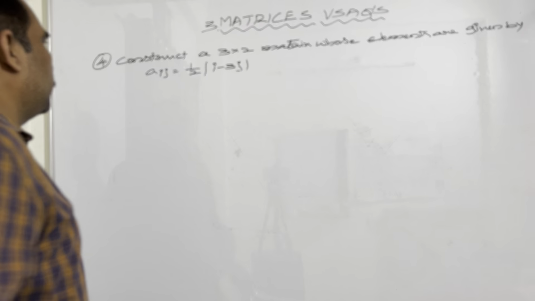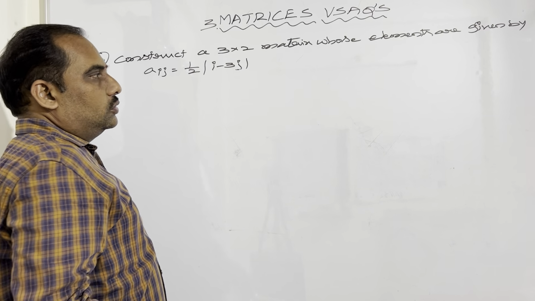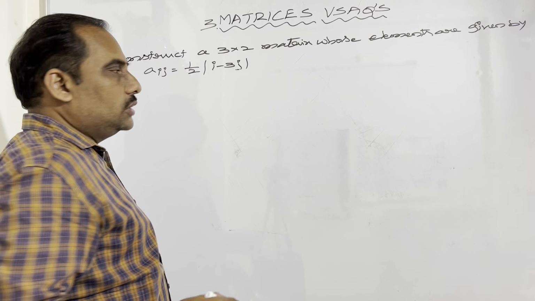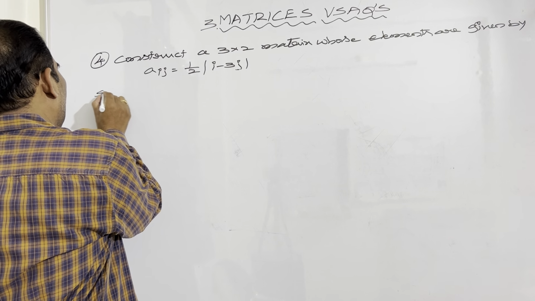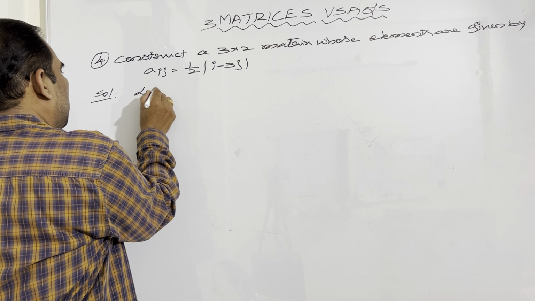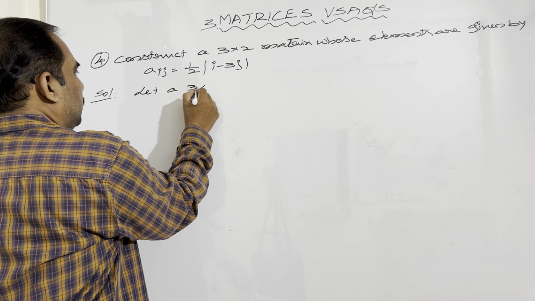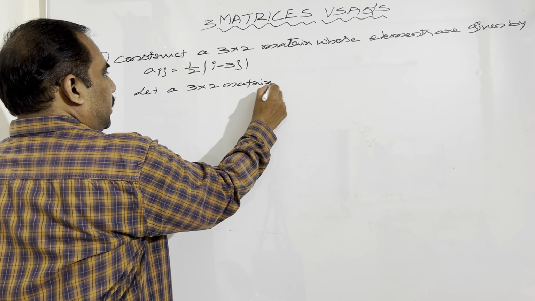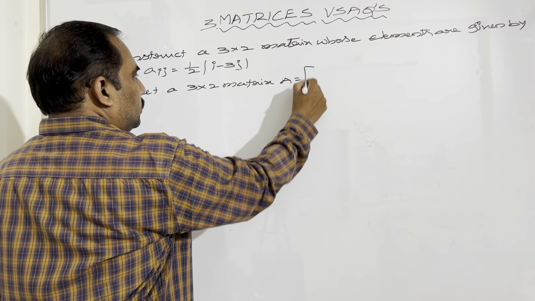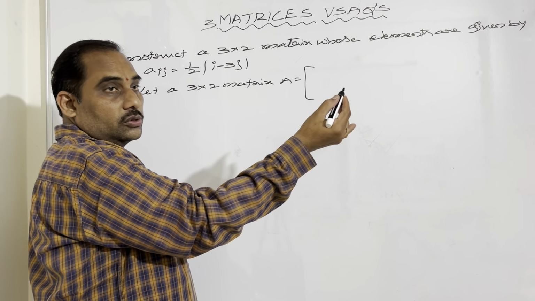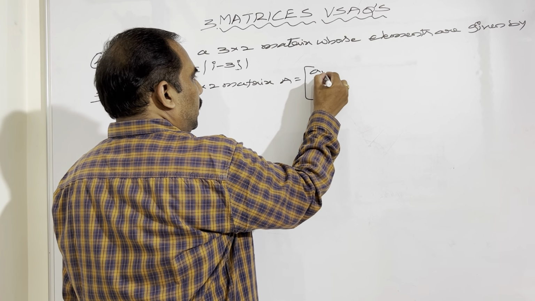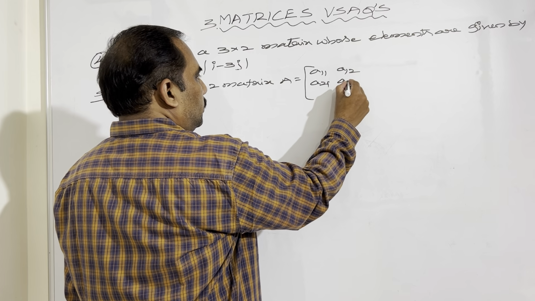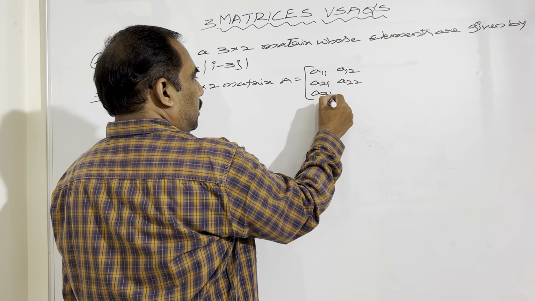The fourth question is: construct a 3 by 2 matrix whose elements are given by Aij equal to 1 by 2 into modulus of I minus 3j. Let capital A be a 3 by 2 matrix. 3 by 2 means 3 rows and 2 columns, so the elements are A11, A12, A21, A22, A31, A32.